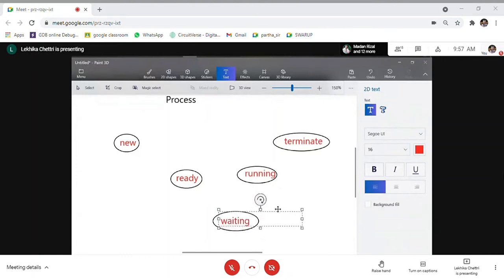Okay, so now I need text. Okay, so these are the various steps. Now from new we can go to ready. We have arrows.